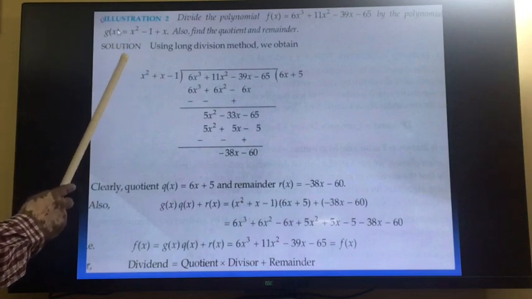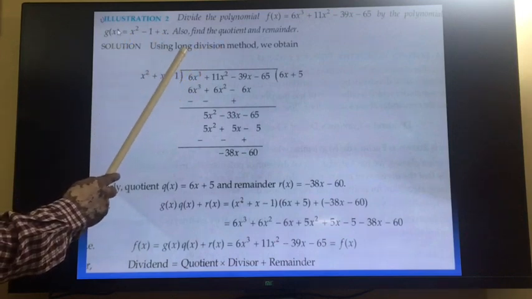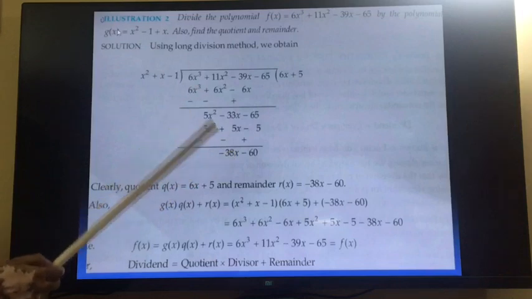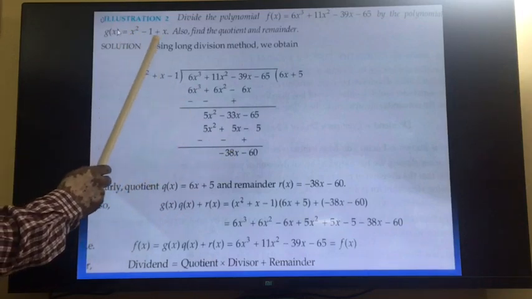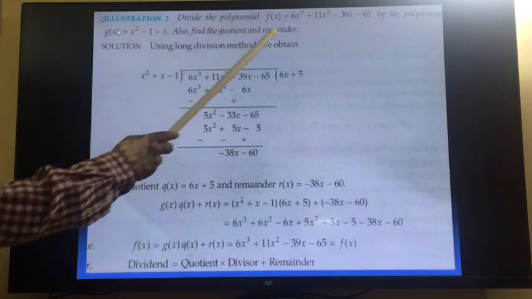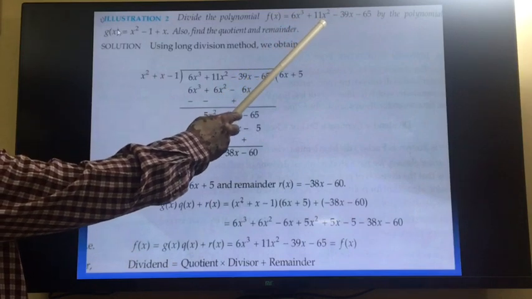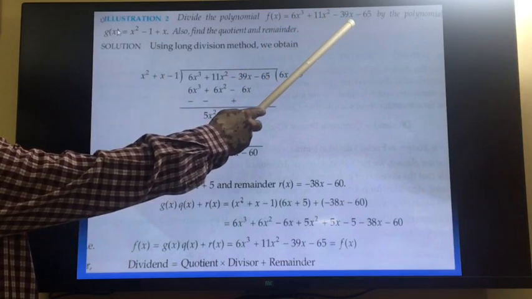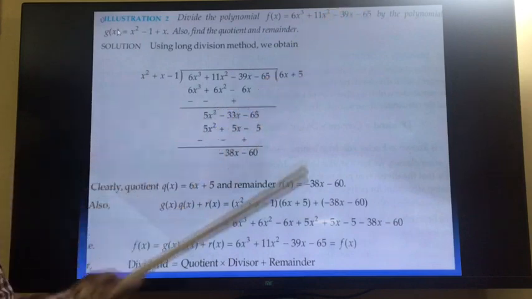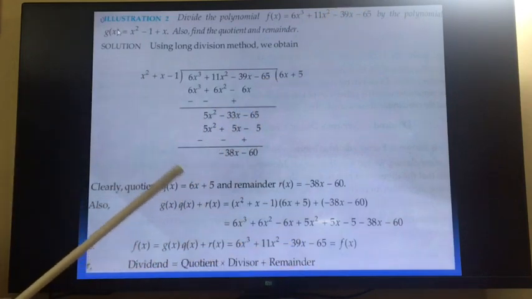Now to do this using the long division method, we will take g(x) as the divisor, and f(x) = 6x^3 + 11x^2 - 39x - 65 we will take as the dividend.